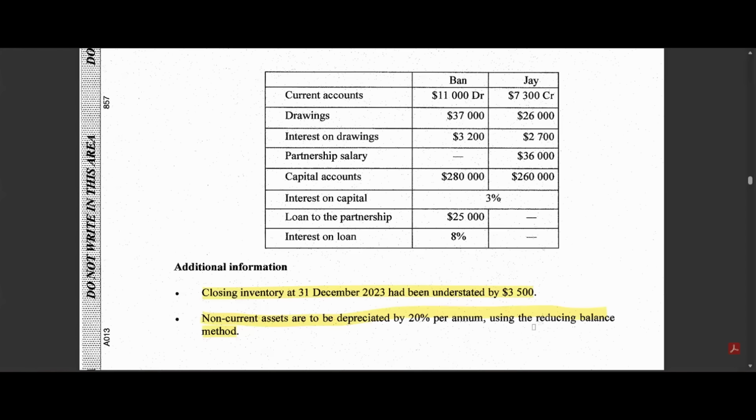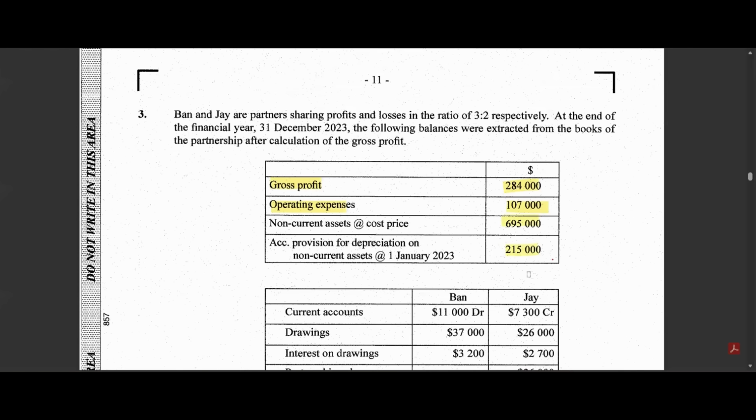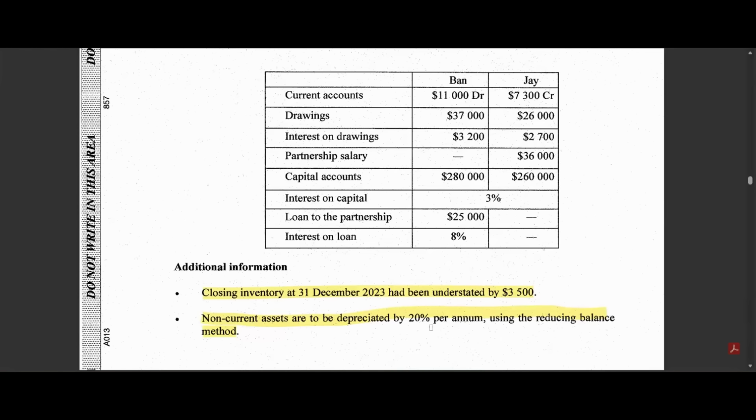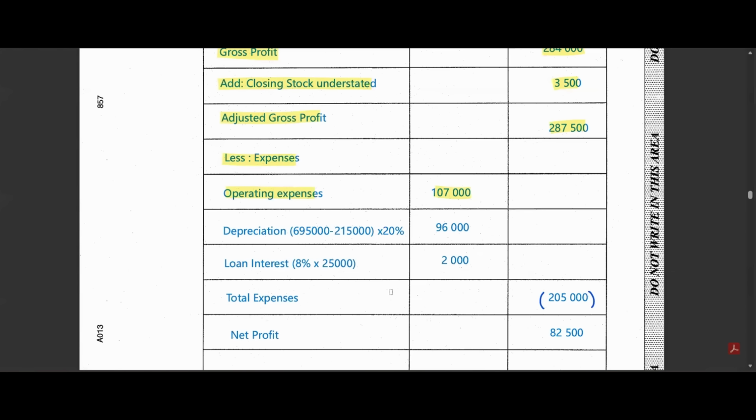Reducing balance method simply means you take your cost, subtract your accumulated depreciation, multiply by 20%, and you're going to get your answer. So guys, let's check this out. Cost would have been $695,000. Provision for depreciation as it stands, $215,000. $695 minus $215 multiplied by 20% will give us the depreciation for this year for our non-current assets. Here we have it, the workings, and we have our answer.